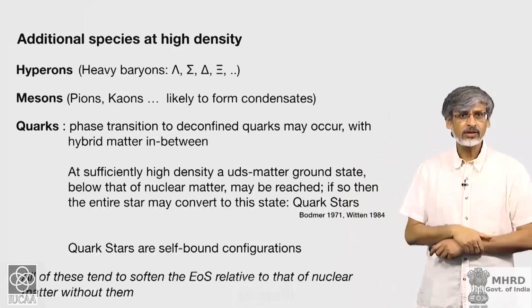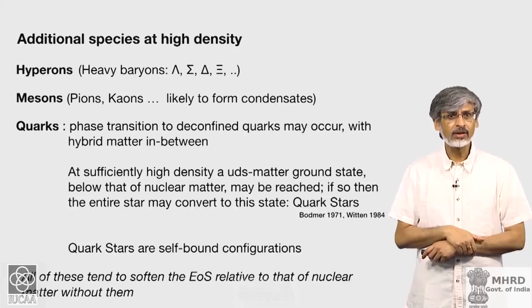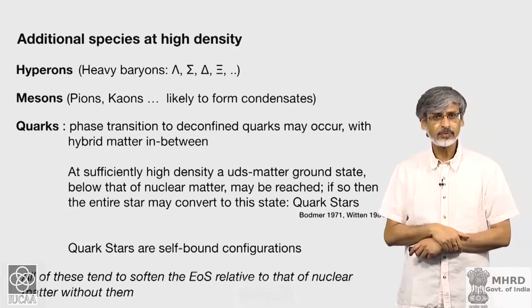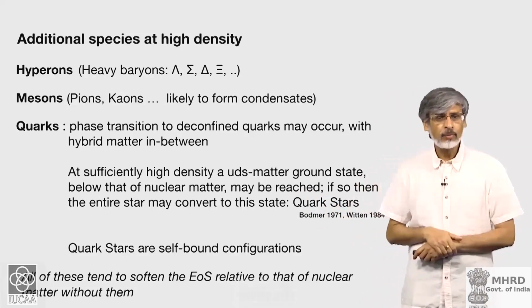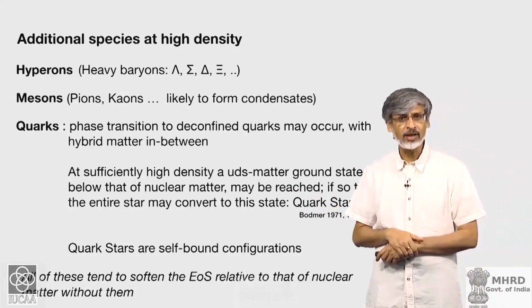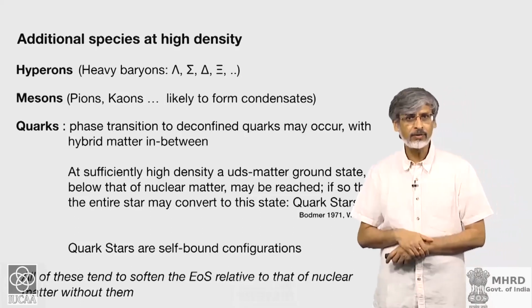Then quarks, phase transition to deconfined quarks may occur with hybrid matter in between. And at sufficiently high density, a mixture of up down strange quark matter may become the ground state of matter, which is below that of nuclear matter.